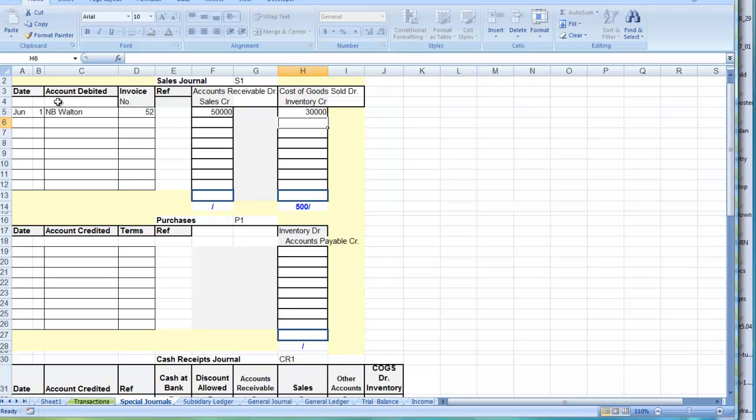Now that is the end of our entries. So we can see that was somewhat quicker. We haven't posted them yet. That was somewhat quicker to write.